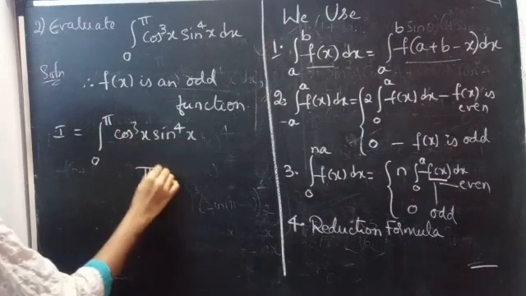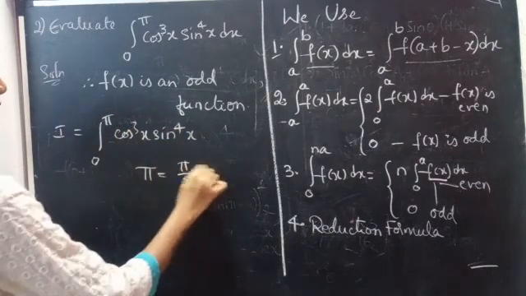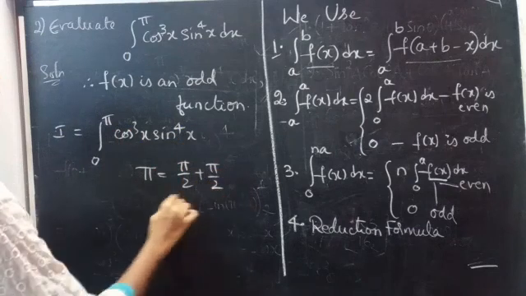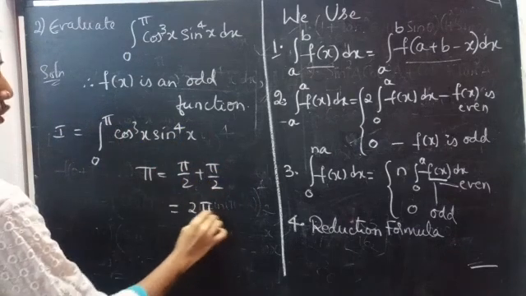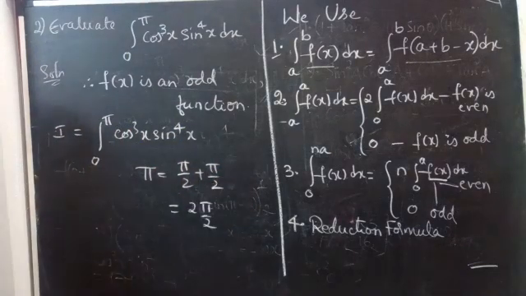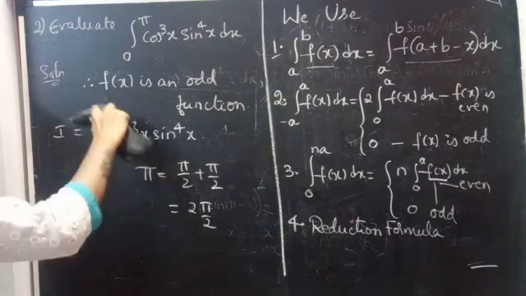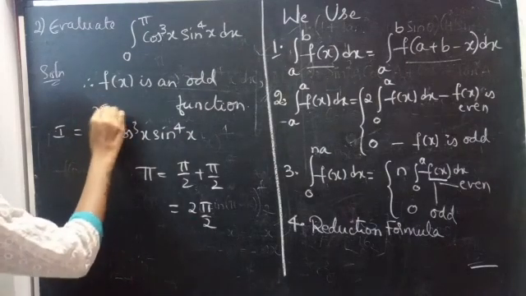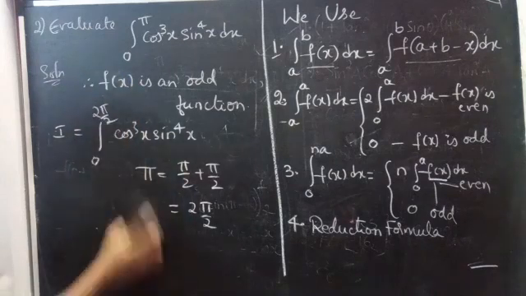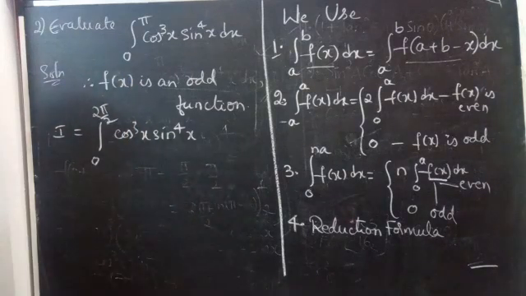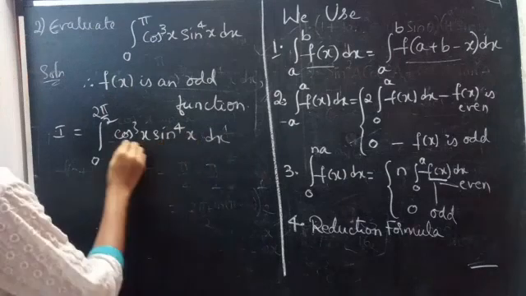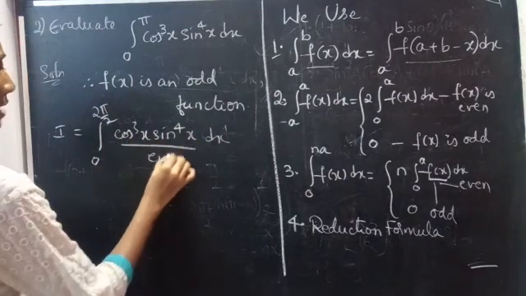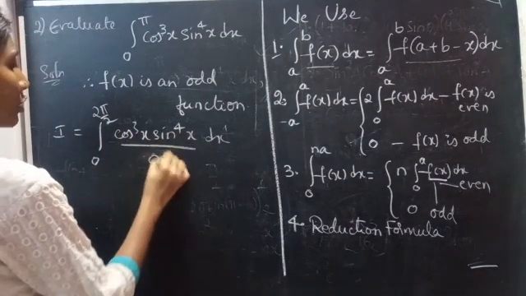Pi can be written as pi by 2 plus pi by 2, which is 2 times pi by 2, so we replace pi with 2 pi by 2.